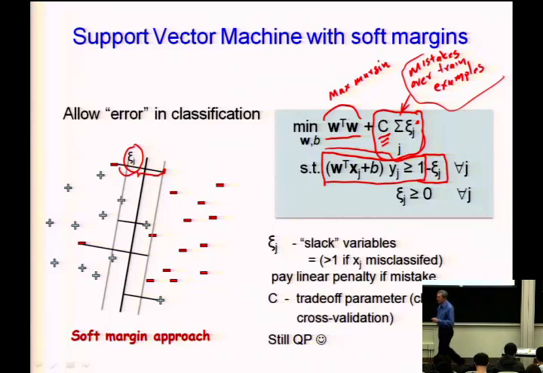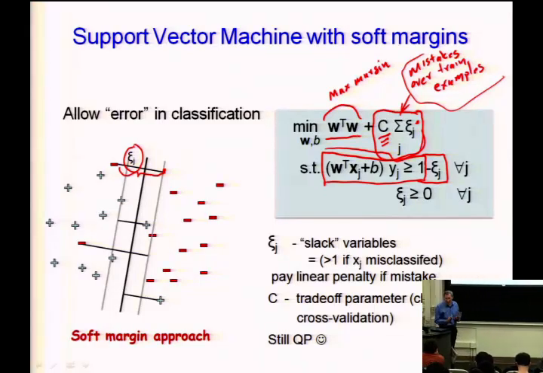So the classification rule, once we've trained, is no different than it was. It's just a linear decision surface, and are you on that side or this? The difference here is really how we train. What's the objective we're optimizing when we train? Okay, so that's our preferred way with support vector machines of dealing with noisy data.